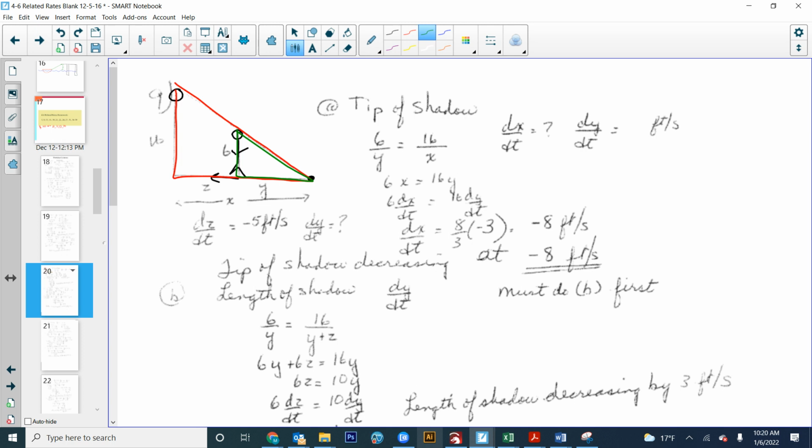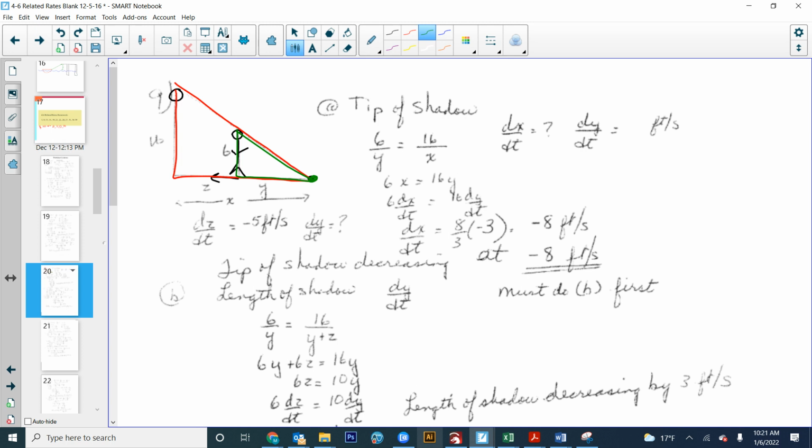And if you're dealing with the Pythagorean theorem, it's usually not between two triangles, it's usually within one triangle, right? And so in this problem, we're trying to find out how fast the tip of the shadow is changing. And so they included a couple important variables here. Z is the distance the man is from the light post, Y is the length of the shadow, and X is that whole length from the light post to the edge of the shadow.